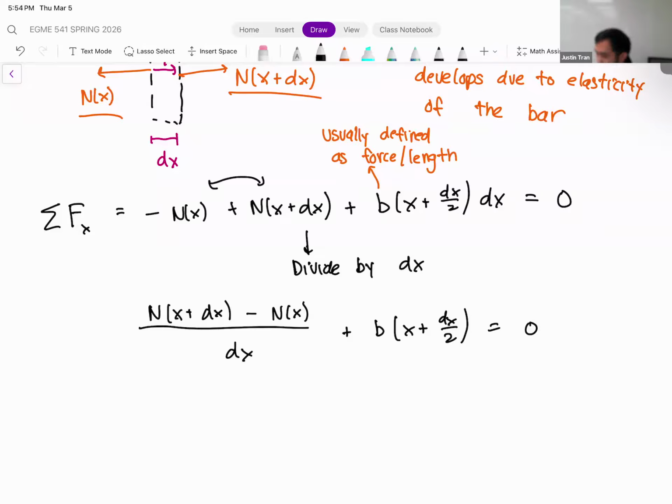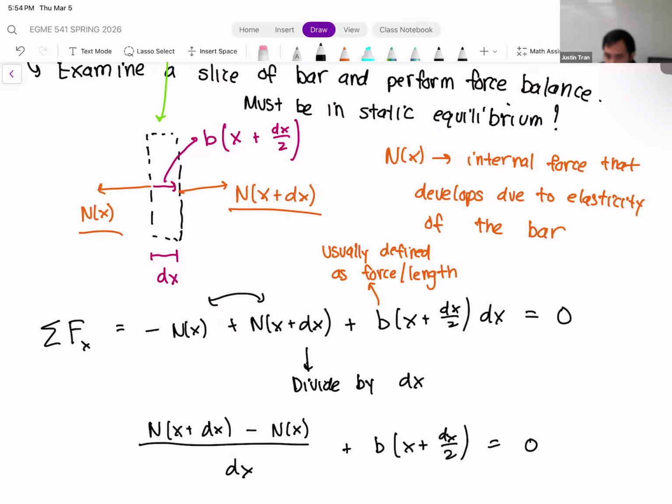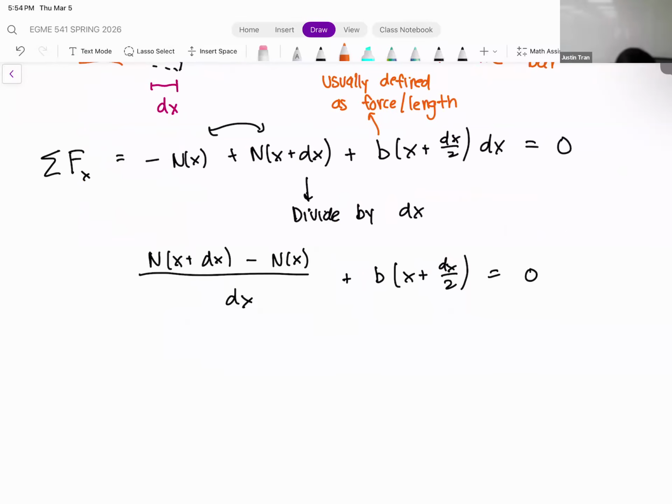Hopefully that first fraction looks familiar to you. That is the exact definition of a derivative, right? But of course, in order to turn this into a derivative, we need to take the limit as dx goes to 0. We've already considered a small slice here, but that dx is still something finite. So we take the limit as dx approaches 0, and that gives us the exact definition of our derivative.